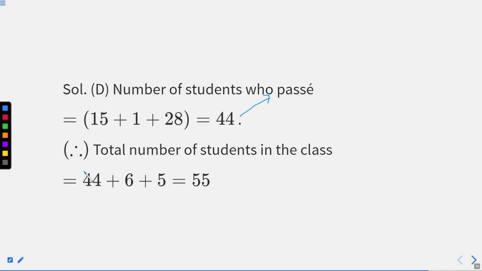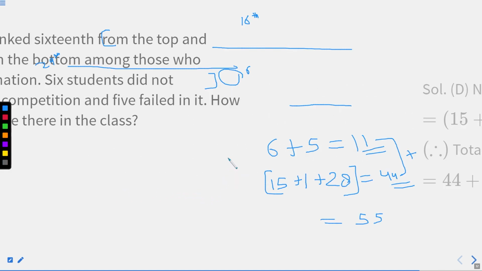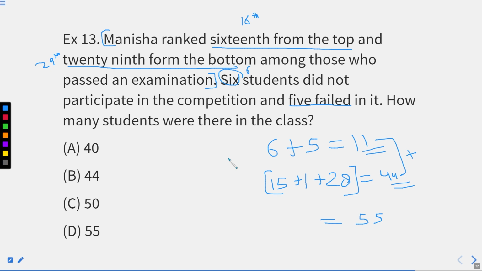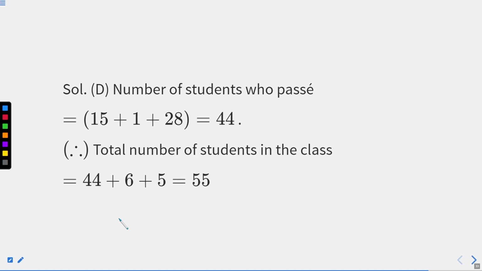So the total number of students that we get is 55. I hope this question is clear. So what exactly are we doing? First we are reading the question properly. Then we are following each and every step that is mentioned, and eventually we get our answer. So the answer is 55. That is option D. I hope this question is clear.